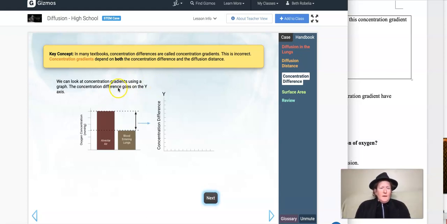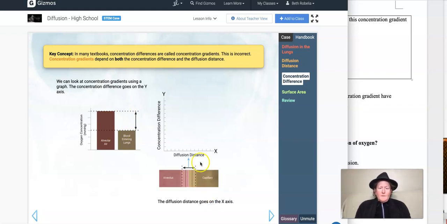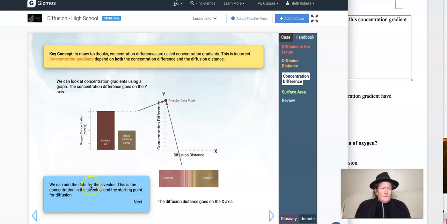So we can look at the concentration gradients using a graph. The concentration difference goes on the y-axis. So here's an example of a concentration difference. And the diffusion distance, how far that oxygen has to go, goes on the x-axis. We can add the data for the alveolus, that is the concentration in the alveolus, and the starting point for diffusion.